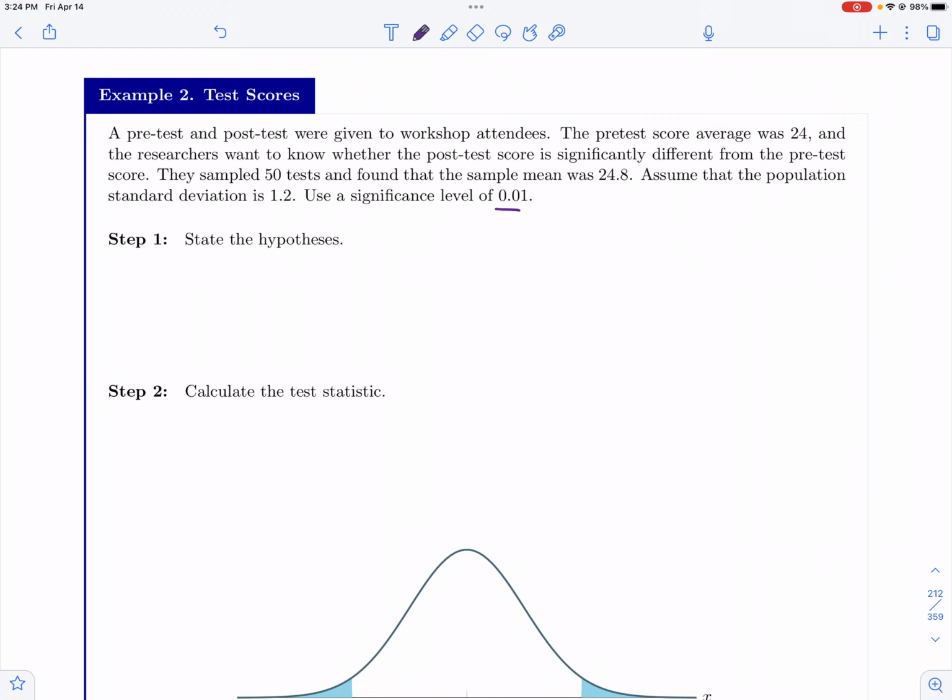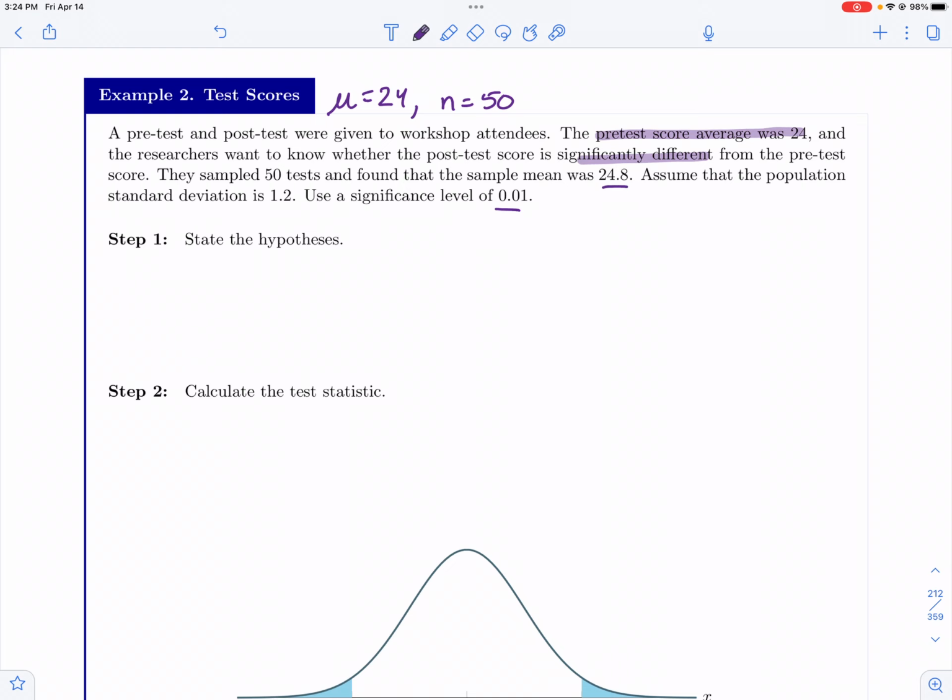All right, so again, just to identify some of the different pieces. The pre-test score average was 24 and "significantly different" are both going to go into our claim. So our 24 is going to be related to our population mean. Our 50 is going to be our n, the number of people sampled.